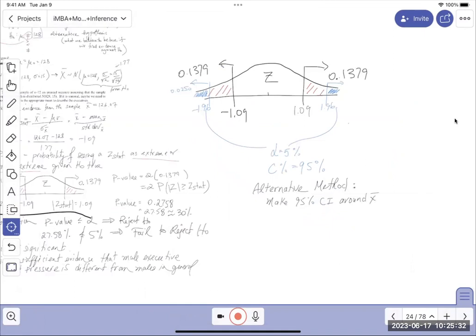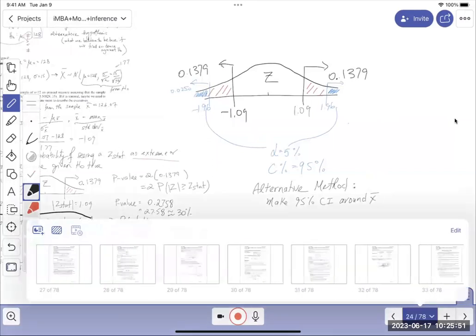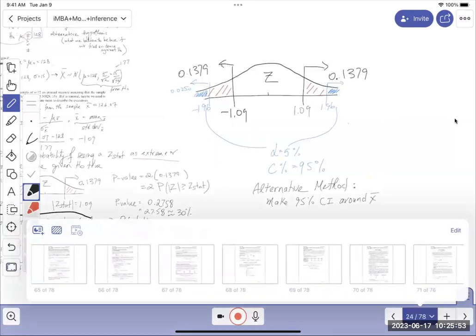And if the hypothesized mean falls in there, it means that percentage confidence, if you remember back over here, that's what I called it, C% confidence interval.